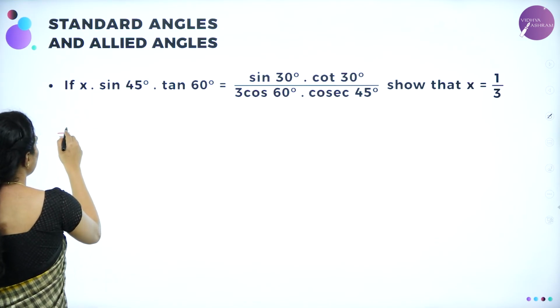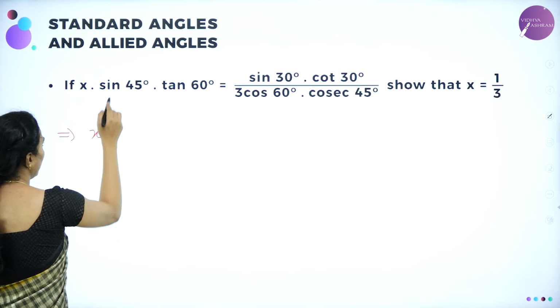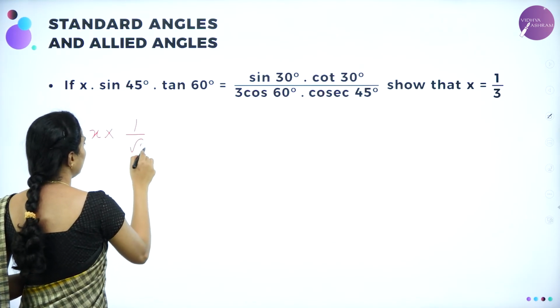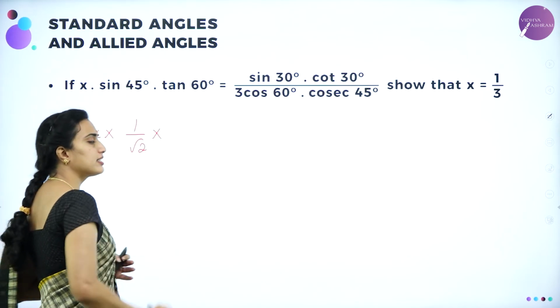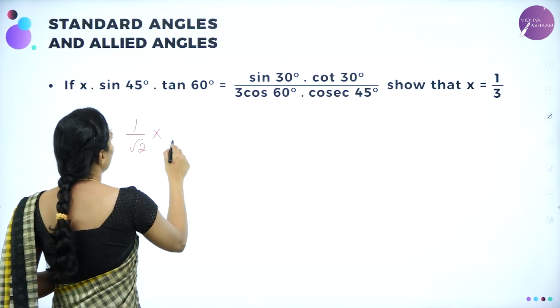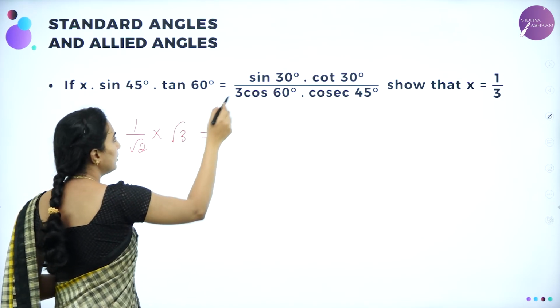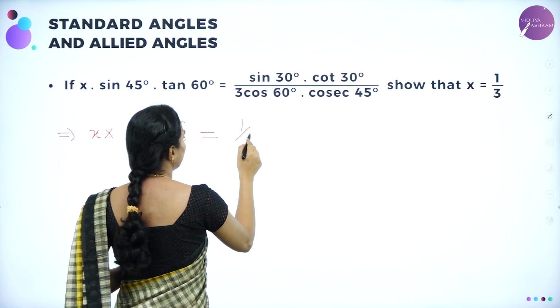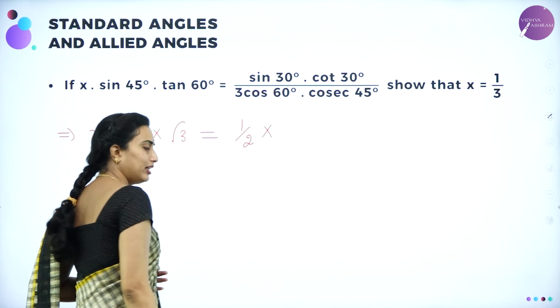So this implies x into sine 45 degree, you know it is nothing but 1 by root 2, into tan 60 degree is nothing but root 3, will be equal to sine 30 degree, it is nothing but 1 by 2, into cot 30 degree.